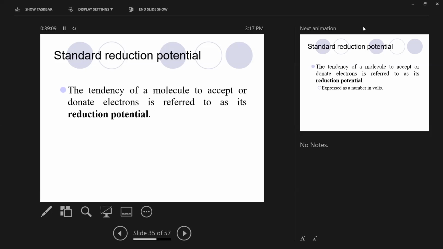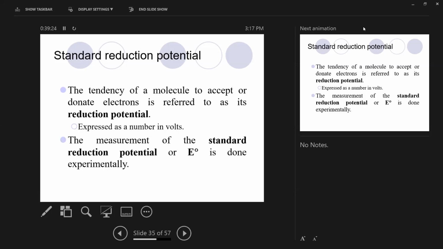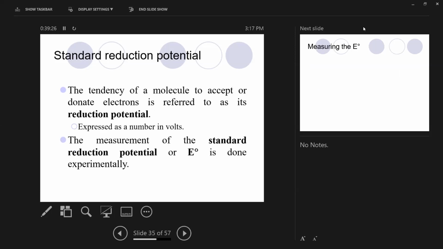Okay, so the tendency of a molecule to get rid of its electron, grab an electron from somebody else, that's referred to very simply as its reduction potential. You express this in volts, and you measure it as the standard reduction potential, delta E, with a little degree sign.